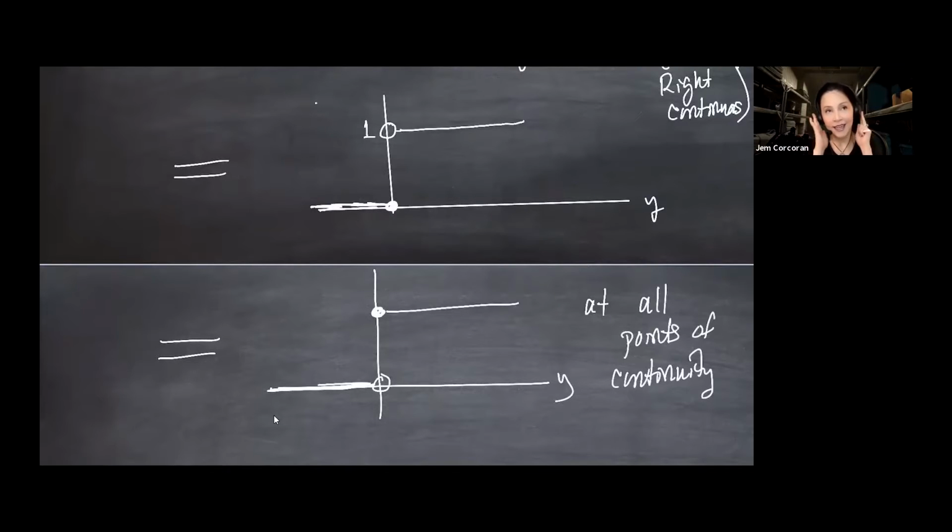I'm trying to say, if it's messed up at a discontinuous point, then you can just make it right. Those 2 functions match every place where they are continuous.